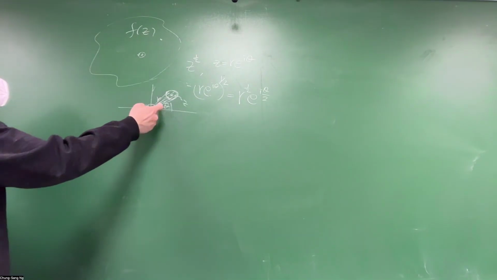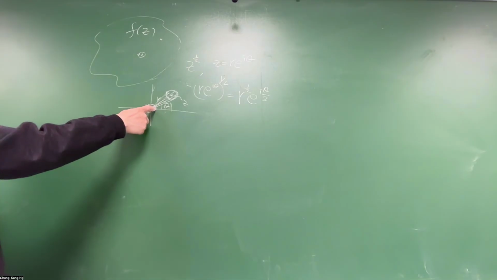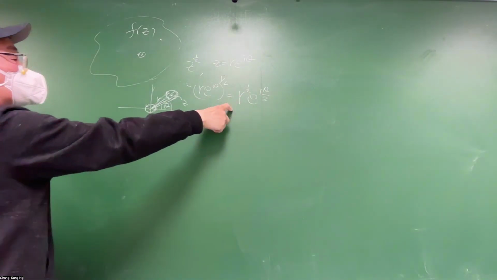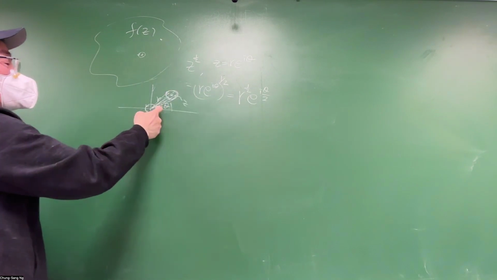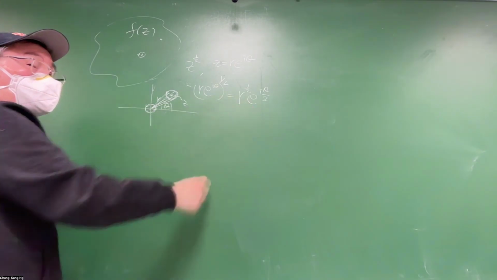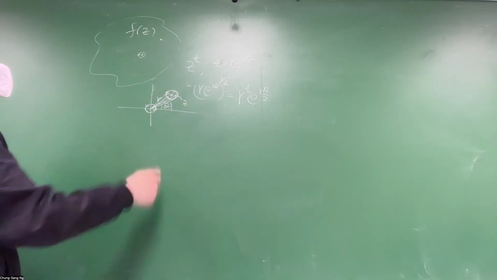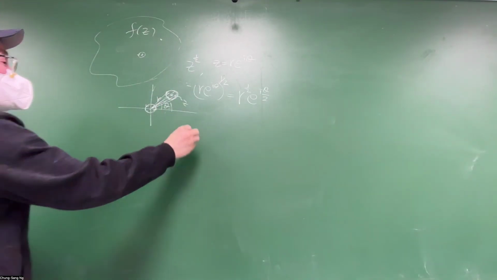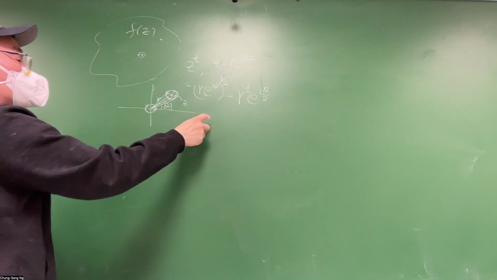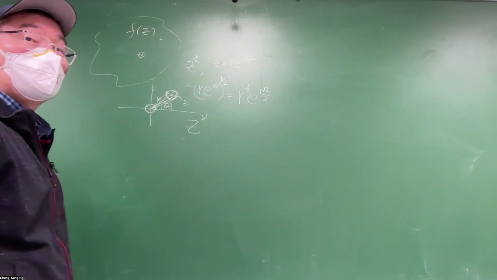It completely changes the sign, so the value is not the same anymore. Start from zero, where it's a positive value, go from 0 to 2 pi, and you get a negative sign. So the branch point is zero, and in many cases, z to a fractional power, not an integer power, would also have a branch point at zero.